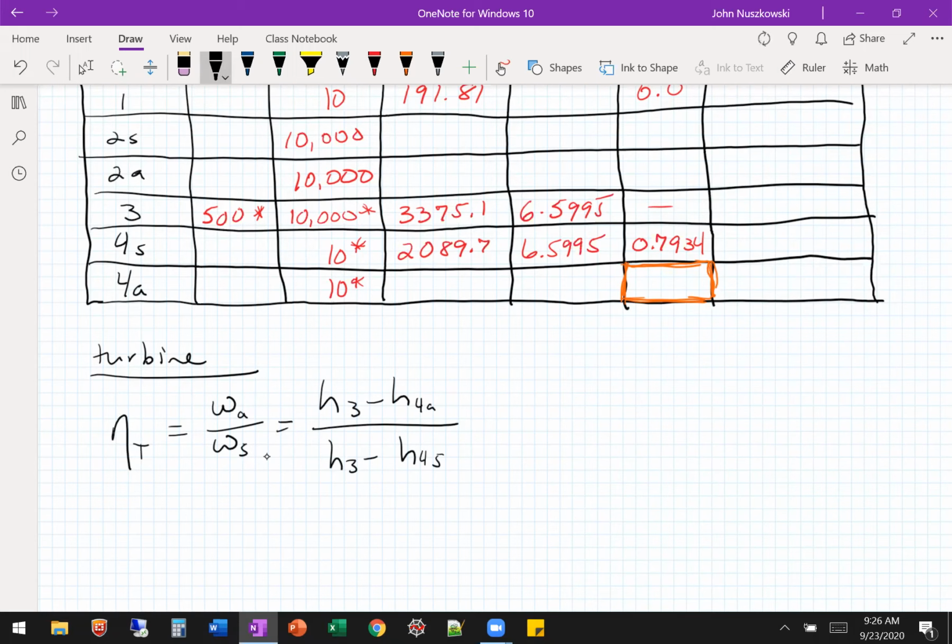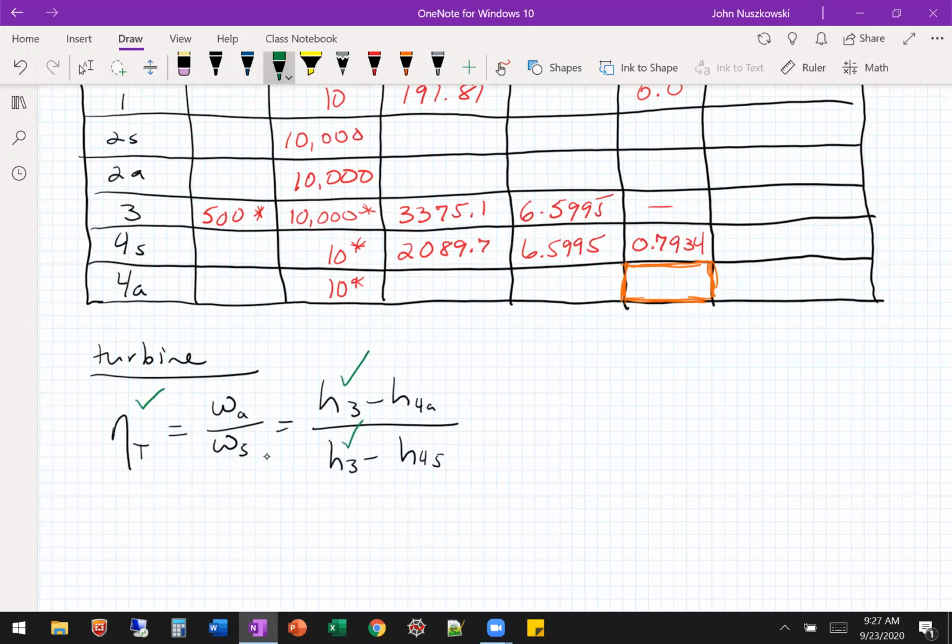If we wanted capital W, it's mass flow rate through each, and then the mass flow rate cancels and we get to the lowercase work. Okay, so we see this, we go through, we have our turbine efficiency. We have enthalpy at state 3 because our state was fixed and we grabbed it.